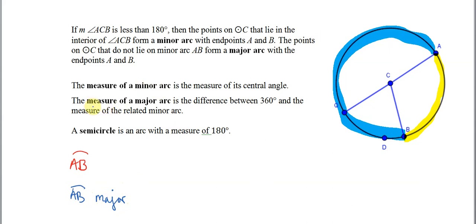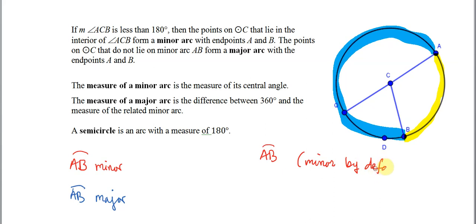The measure of the major arc is the difference between 360 and the related minor arc. The smaller arc we did first we would call AB minor. By default, if you just see an arc like this, arc AB, we assume it's minor.